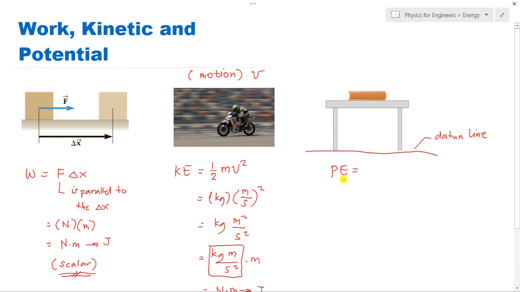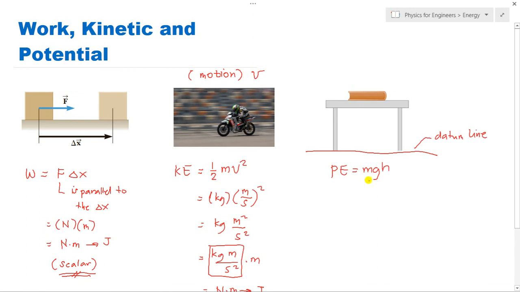Potential energy is the product of the mass of the object, here our book resting on top of the table, times the acceleration due to gravity, times h. By this equation, potential energy depends on the acceleration due to gravity of the celestial body. Since we are on Earth, our g is 9.81, but on other planets we would have a different value for potential energy.